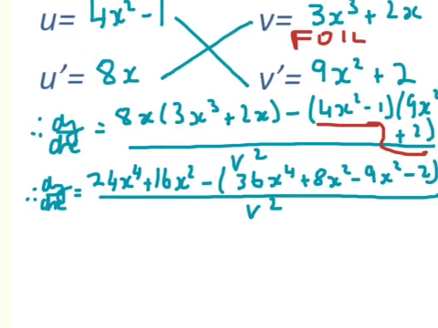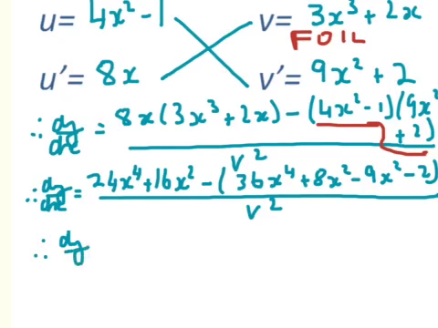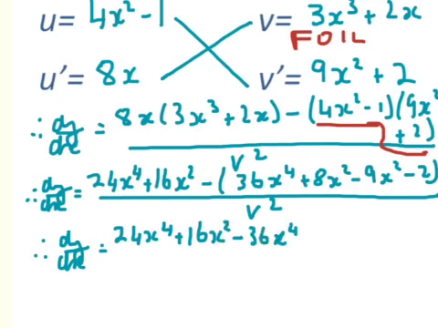So therefore, dy dx equals. Let's just get rid of the brackets on the numerator. So it's 24x to the power of 4 plus 16x squared minus 36x to the power of 4 minus 8x squared.